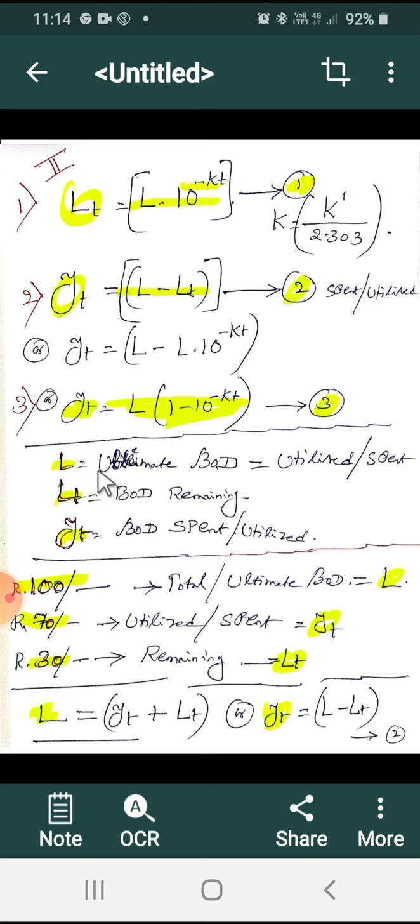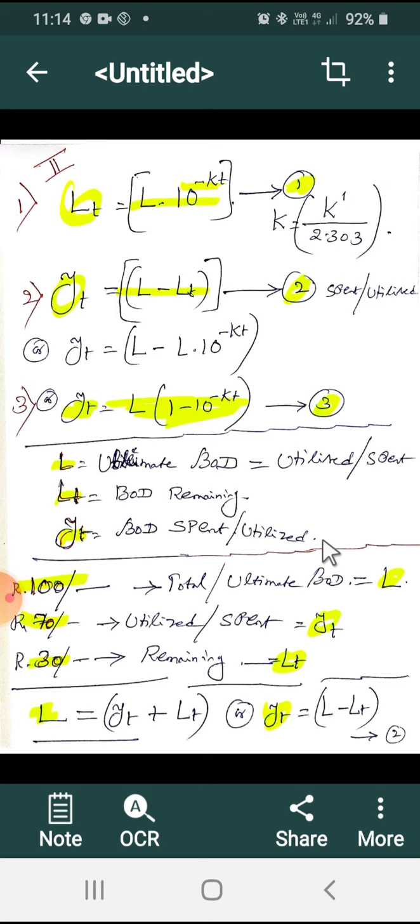L is the ultimate BOD, or maximum BOD. LT is the BOD remaining. YT is the BOD spent or utilized.